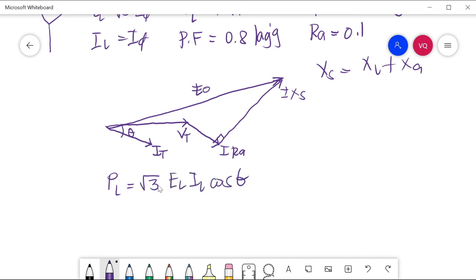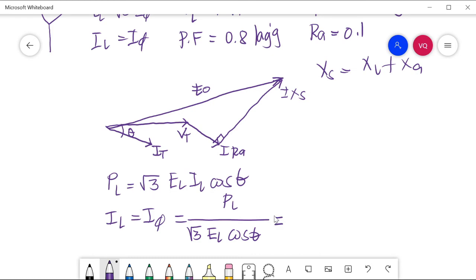So recall your formulas in Circuits 2. Solving IL, which is equal to I phase in Y connected, that is equal to PL divided by square root of 3 EL cosine theta.